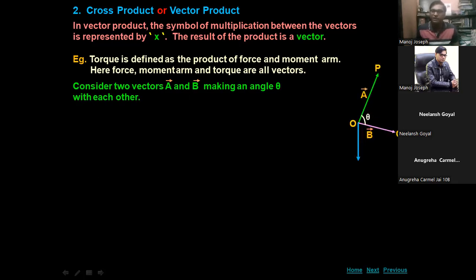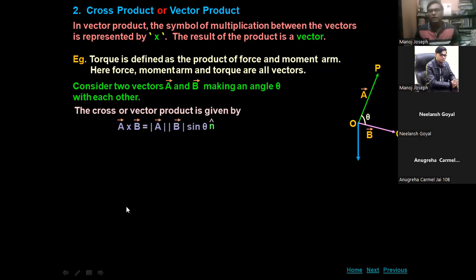So consider two vectors once again, vector A and vector B. The cross or vector product is given by A cross B. Vector A cross vector B is equal to the product of the magnitudes, where modulus A is the magnitude of vector A, and modulus B is the magnitude of vector B, multiplied by the sine of the angle between them.